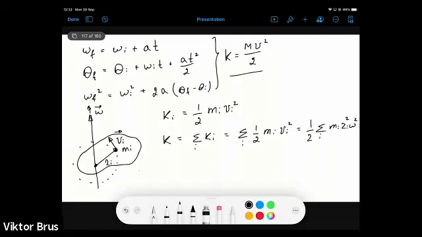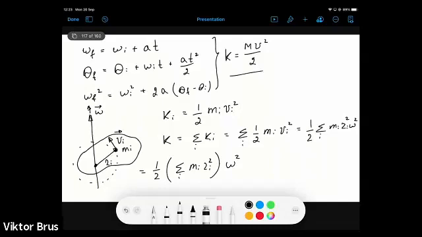We can also continue and write in such form: 1/2 times the sum of mi times ri squared, times omega squared.